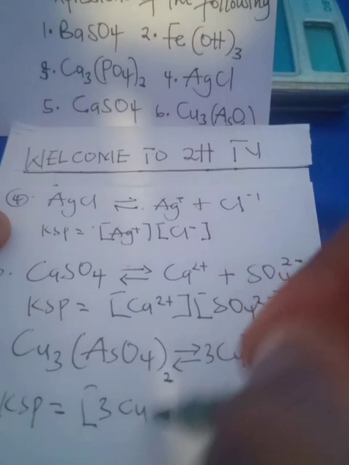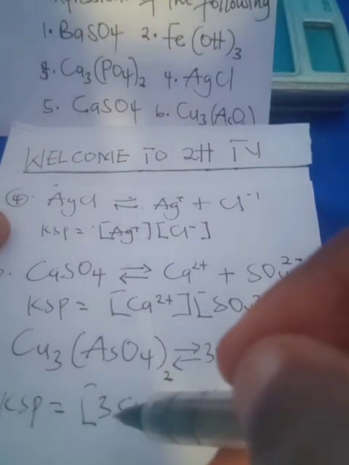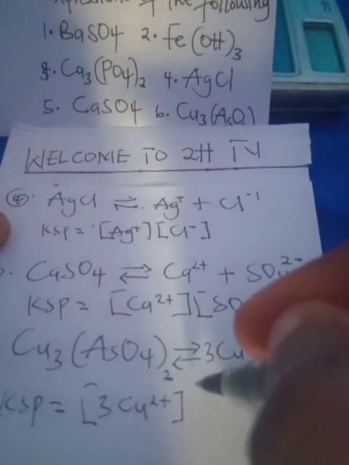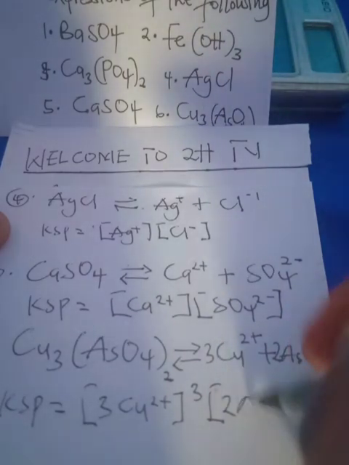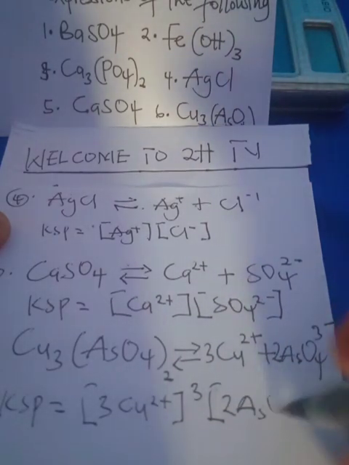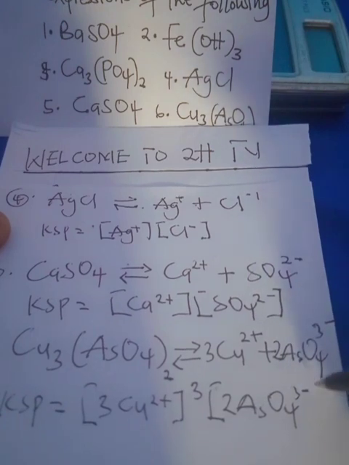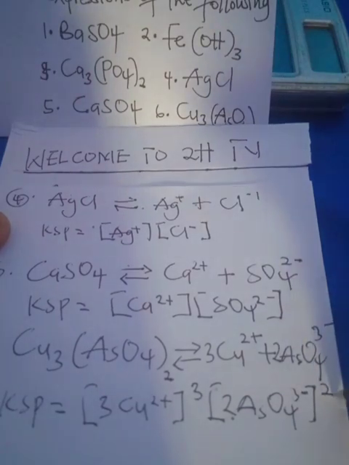Concentration of 3 Cu2 plus, right? Because there is 3 in front of the Cu2 plus, it will raise to the power that same number, multiplying 2 AsO4 3 minus, right? Because there is 2 in front of it, we raise to the power that same 2.